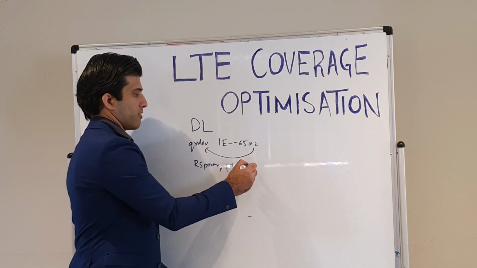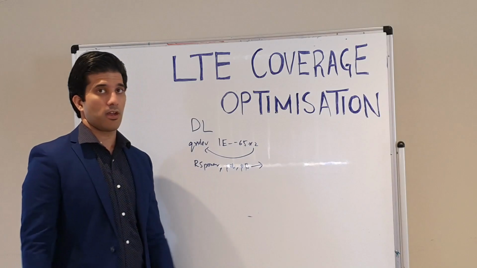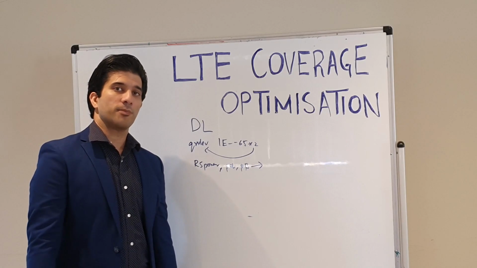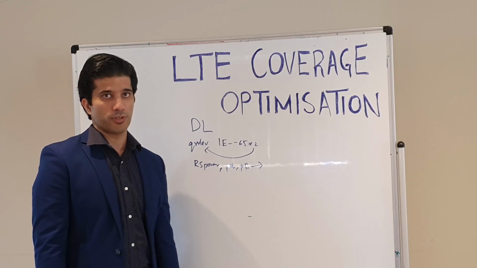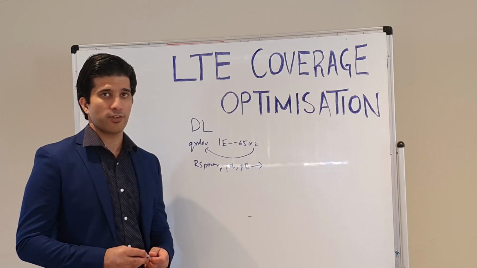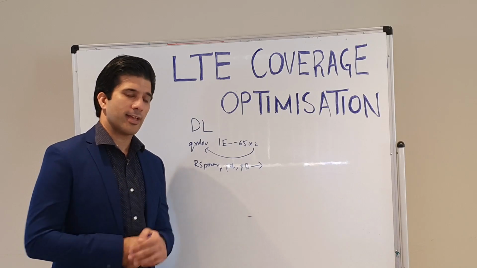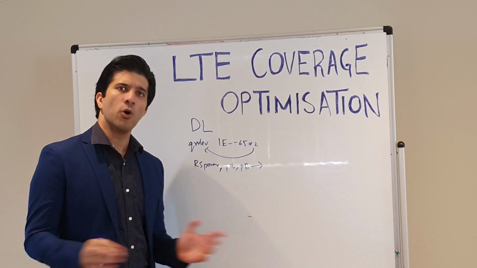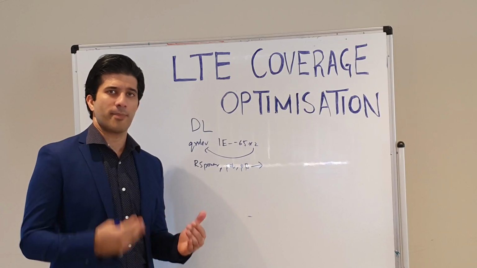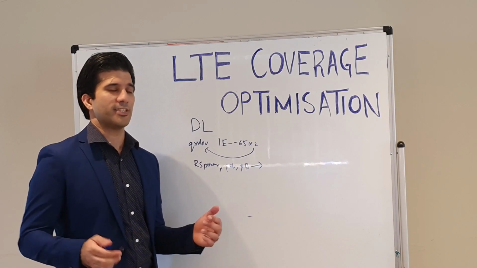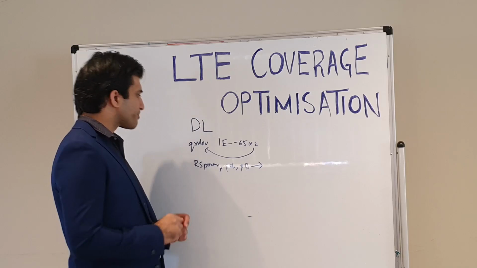We will definitely discuss it in our LTE optimization course that will be uploaded most probably in the second week of March, where we discuss LTE optimization as a whole, in terms of coverage, capacity, interference, latency, mobility, and do look out for that.